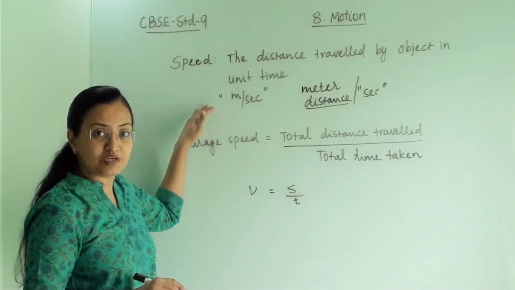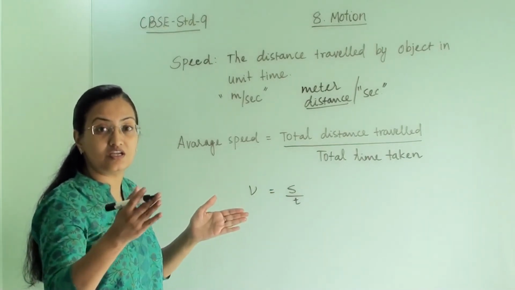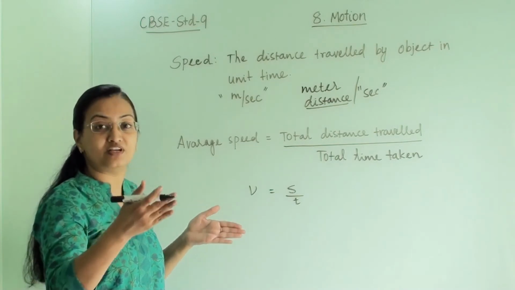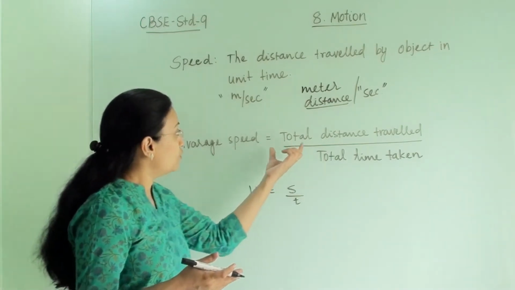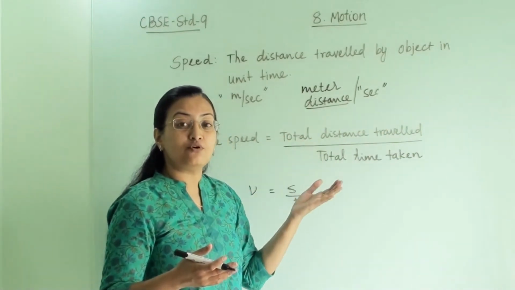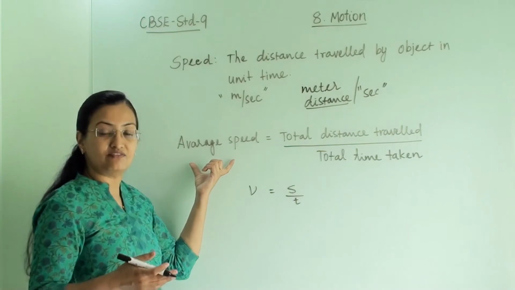Now from the speed we can also find average speed. Throughout the journey, what was the average speed of that car or of that body? That is the total distance travelled divided by the total time taken. When the motion is uniform or non-uniform, at that time we can find the average speed.